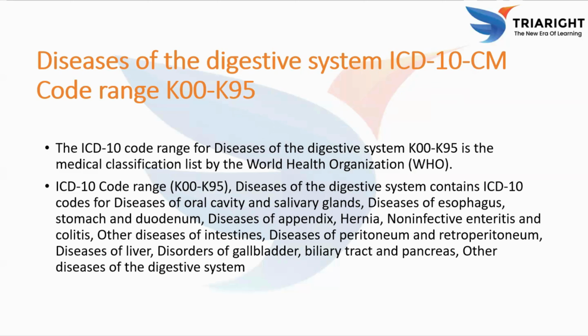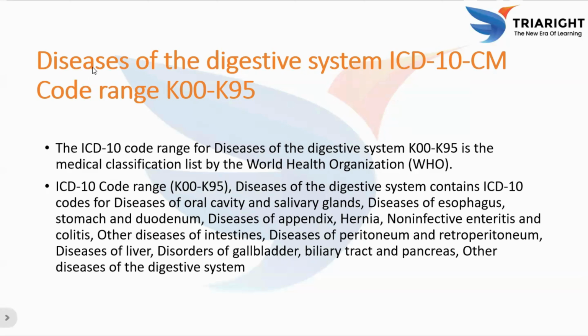The 7th character, the last character of the ICD-10 code, indicates additional information in detail, like episode of care. For example, if a patient is diagnosed with acute appendicitis, the ICD-10-CM code is K35.80. This code helps hospitals and insurance companies to record and process the diagnosis correctly.